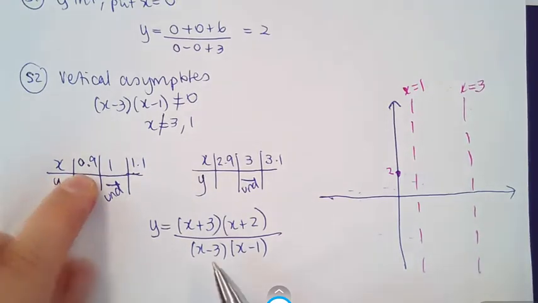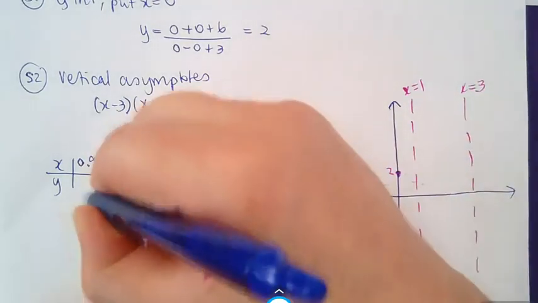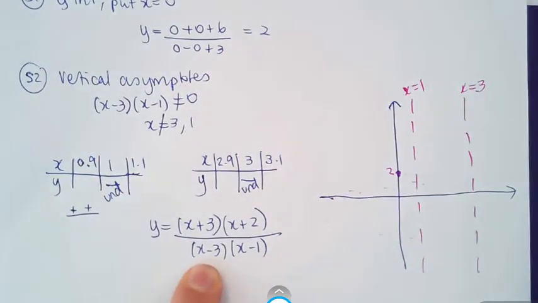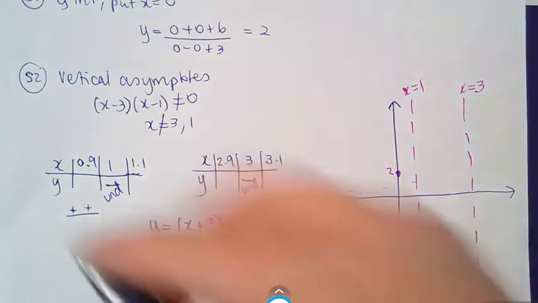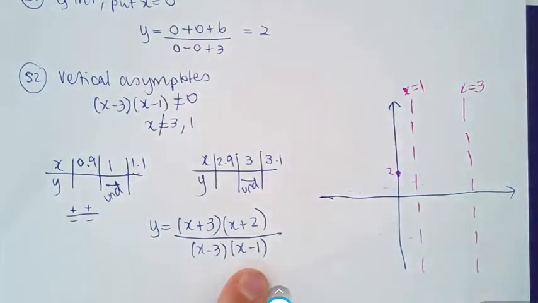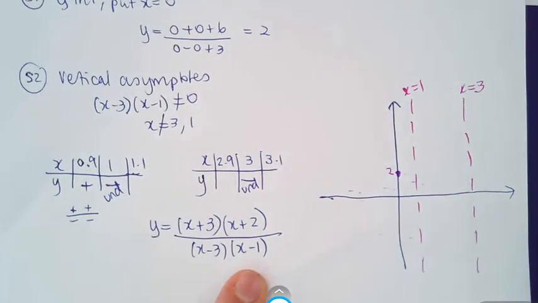Now, 0.9. So when I do 0.9, tell me about the x plus 3 and the x plus 2. Isn't it going to be a positive times a positive over, 0.9, what am I going to get? A negative, and 0.9 minus 1 is negative. So it's a positive times a positive over a negative times a negative. It's a positive. Great. Now we're getting quicker.